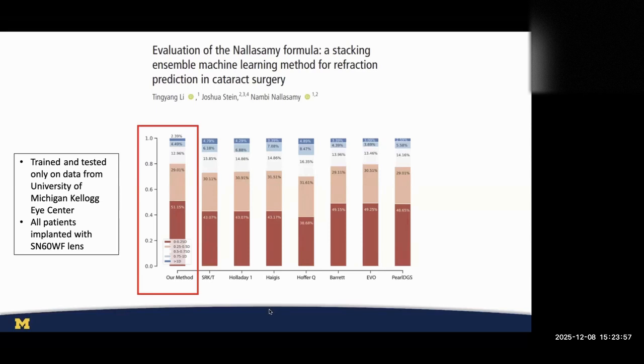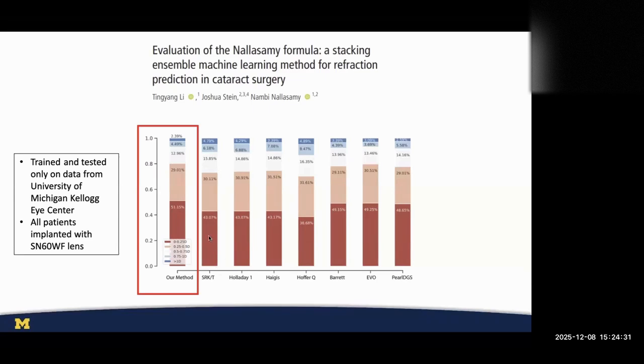Okay. And in the follow-up question, how do you know your method is better than the rest of the others? So yeah, good question. Let me describe this graph. Basically you can go online and input the same patient information into these different formulas, and they will output a prediction of what the patient's refraction is going to be.